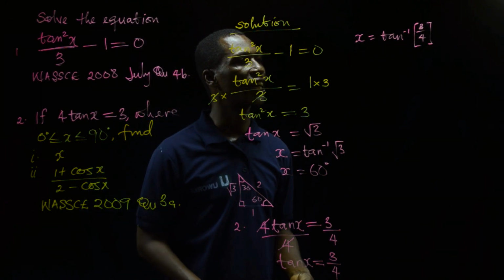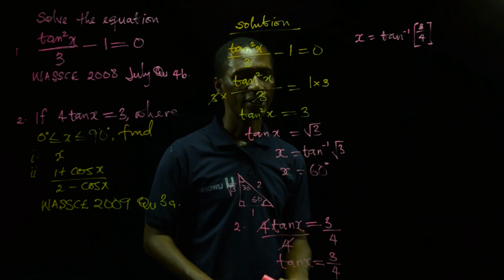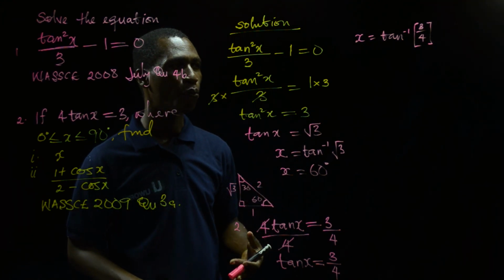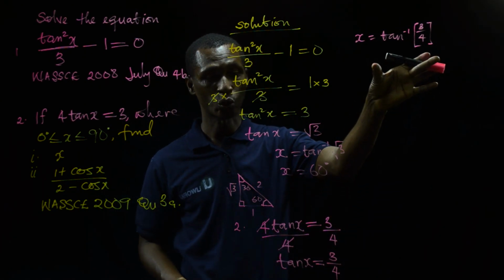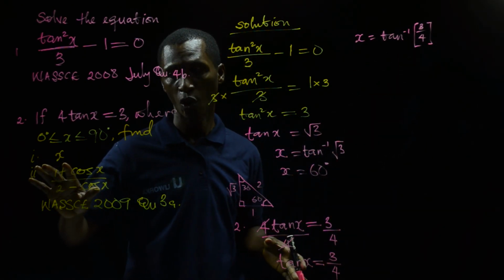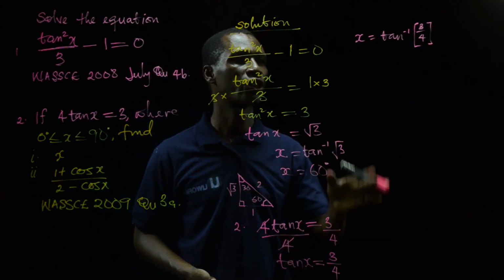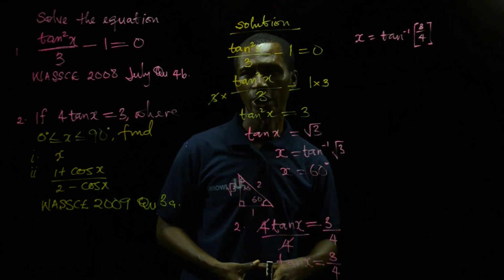It is not one of these special functions, so you just have to use the calculator to know the value of x. So x can be solved with the usage of a calculator. You just go to shift, that is the second function, then you click on tan, and you get your answer.